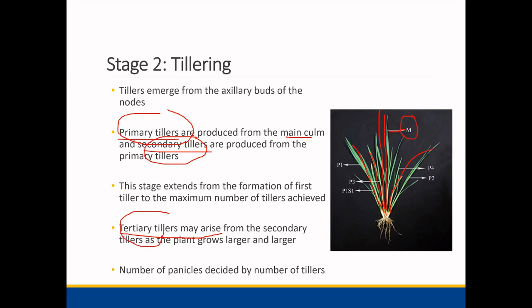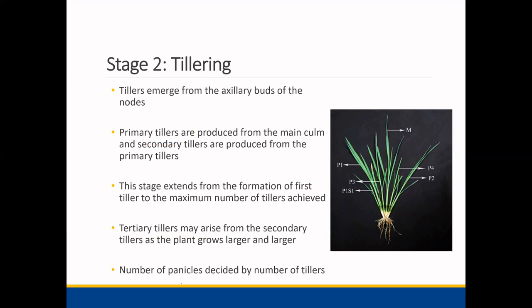In this picture you don't see the tertiary ones, but you see the secondary one. P1S1 is the first secondary tiller from P1, the primary tiller. The tertiary tillers may arise from the secondary tillers as the plant grows larger and larger.